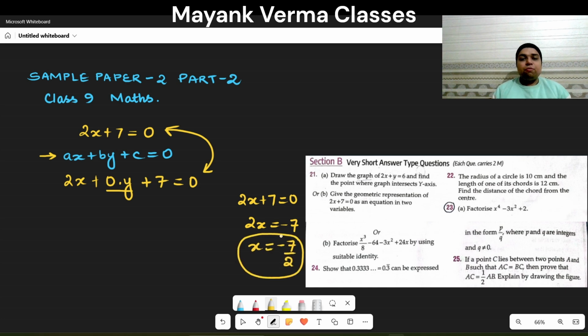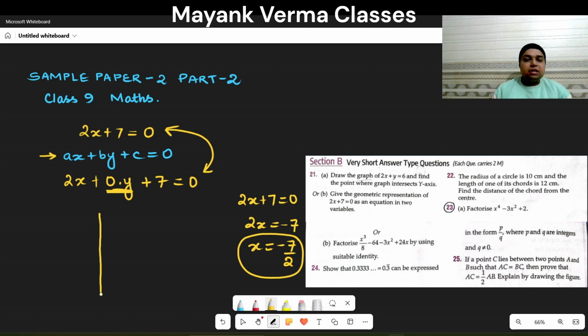If you see carefully, y is not impacting anything because 0 times y will become 0. So y is not contributing to the graph, and this is a straight line parallel to the y-axis.